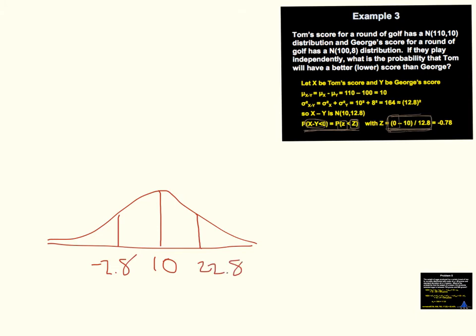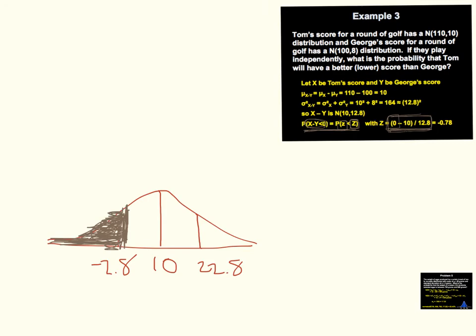So somewhere just inside this line right here is where the 0 is. And I'm interested in all of this, because all of this area is where Tom beats George. This is where the number is negative, so the lesser guy's score was lower. So I'll color this all in. So that's what I'm looking for right there.